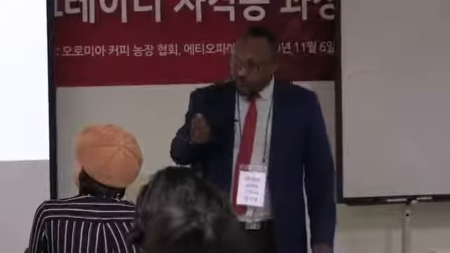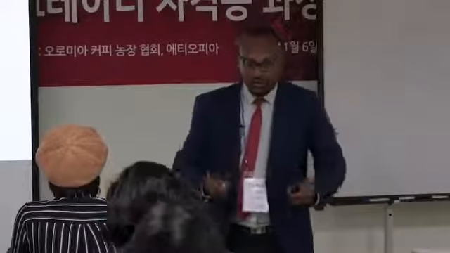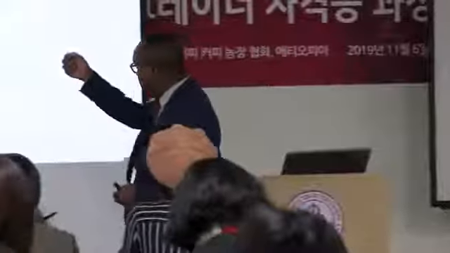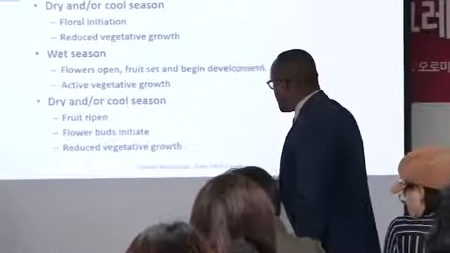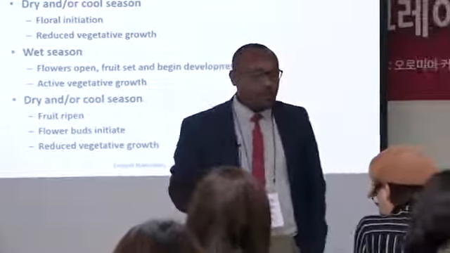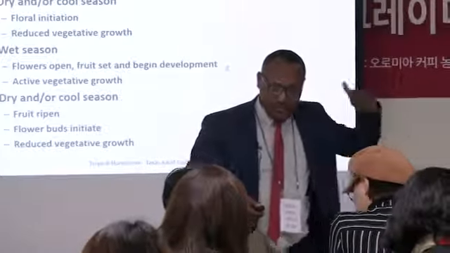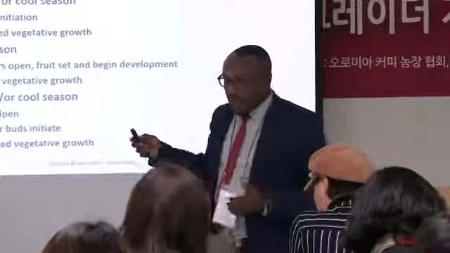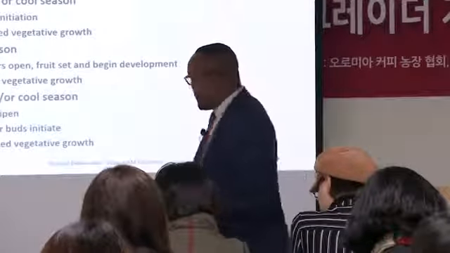Initiation means just starting flower growth. This time, dry and cool season is very important for initiation of flower. The wet season is for flower opening. That one is initiation, that one is starting, this one is flower opening. The flower will be open when the season is wet.